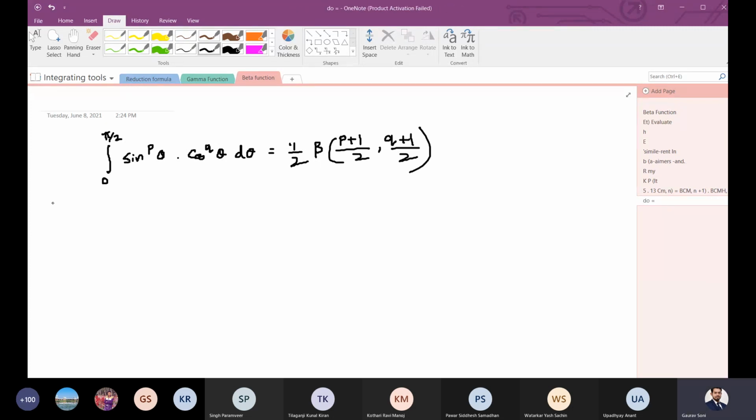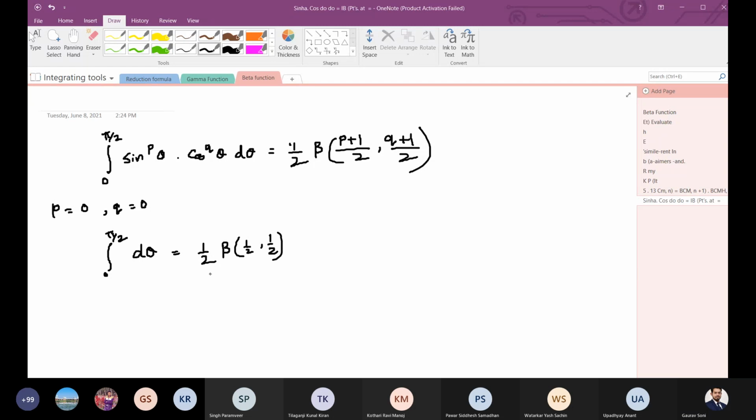So what I will do is I'll put p equal to 0, q equal to 0. What do we get? Integration 0 to pi by 2 d theta, which is pi by 2. And the right hand side is 1 by 2 beta of 1 by 2 comma 1 by 2.